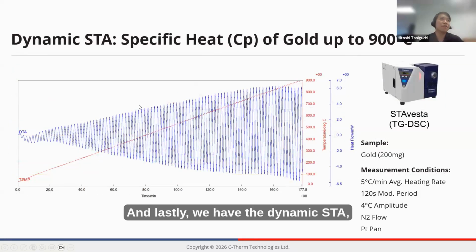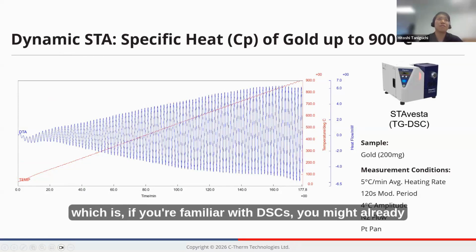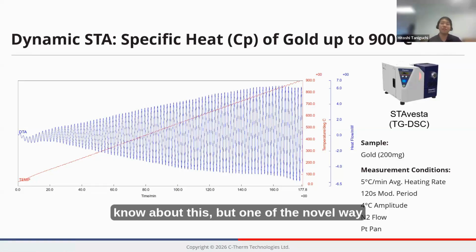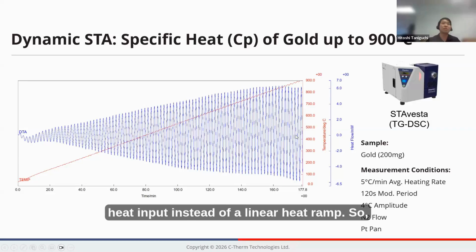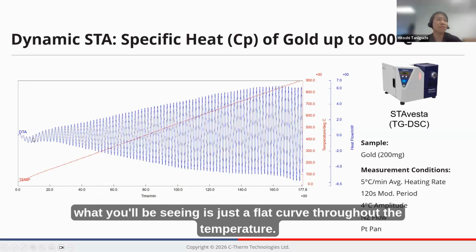And lastly, we have the dynamic STA, which, if you're familiar with DSCs, you might already know about. One of the novel ways to run a DSC measurement is to impose this kind of sinusoidal heat input instead of a linear heat ramp. With traditional DSC or traditional STA, what you'll be seeing is just a flat curve throughout the temperature.